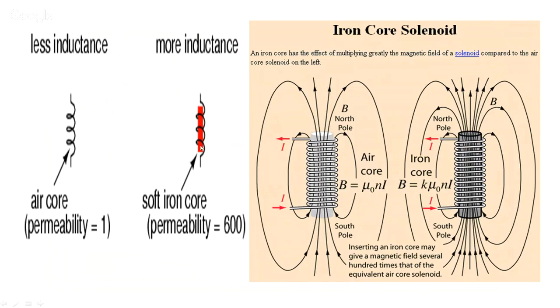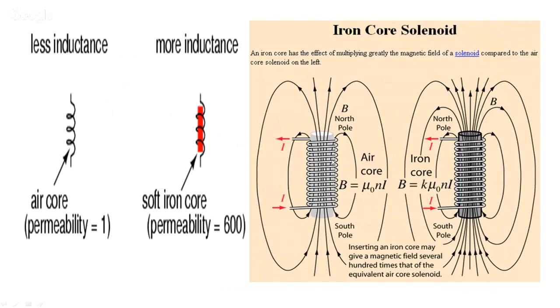So by just introducing this core, we have increased the permeability from a value of 1 in the case of an air core to a value of 600 by using a soft iron core. That means by using a core here, the magnetic field can be greatly multiplied.